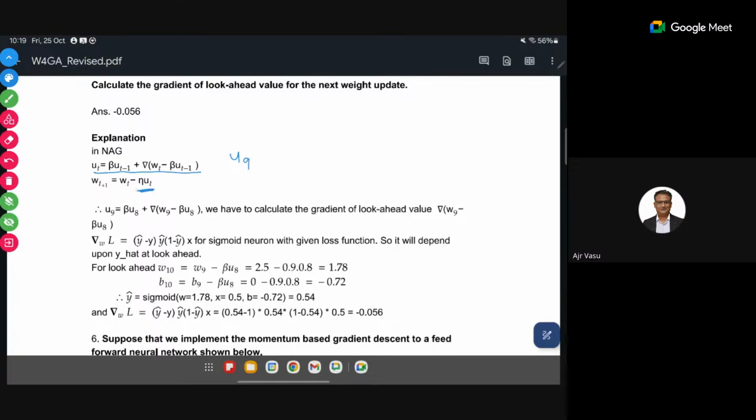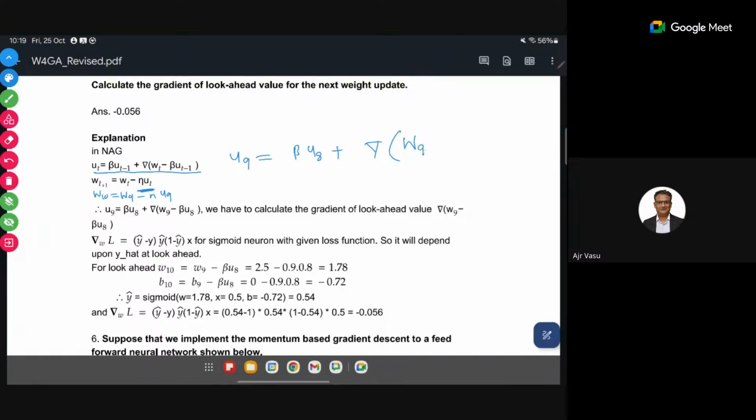So here W10 is W9 minus eta times U9, right? So U9 we wanted to compute, which will be from beta times U8 plus the gradient.